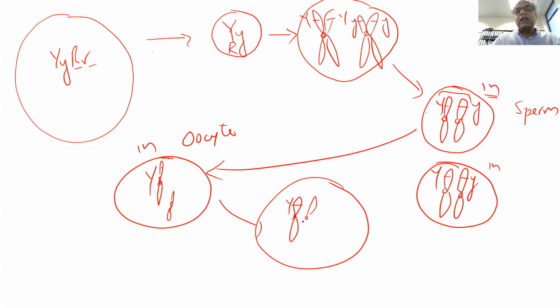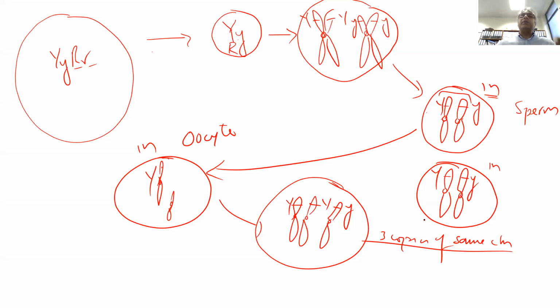Capital Y, the oocyte has also capital Y, and there is a small y here as well. This is a disaster because you have 3 copies of the same chromosome. Each chromosome in a diploid exists in pairs, like they have homologs.